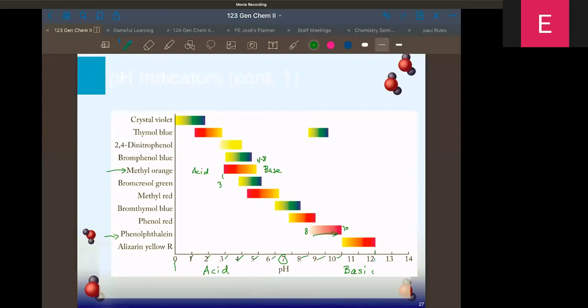This Thymol blue, the only thing that is interesting about it, it has 2 colors. So this must be a diprotic. Diprotic means that it has 2 hydrogens, so it has a first dissociation for the first hydrogen and the second dissociation. That's where you see here 2 different color changes.